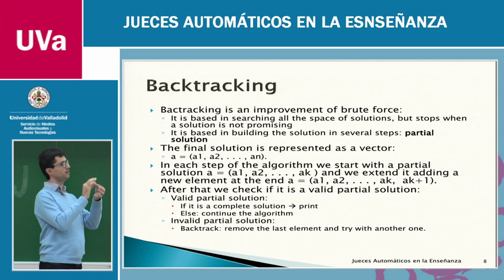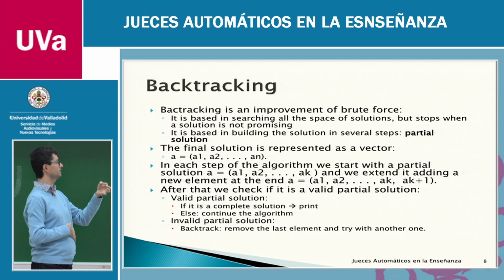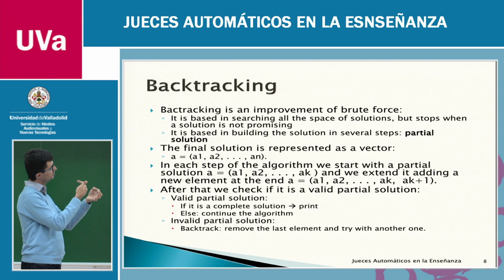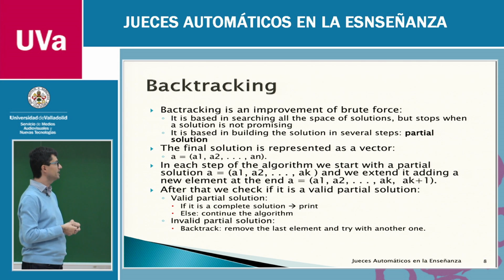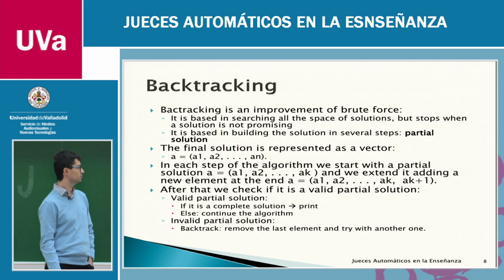So if you are at a point that is not promising, you can stop searching the branch of the tree and go to another place of the tree. This is called the backtrack. So you go backwards and try another place to find the solution. This improves brute force algorithms a lot.